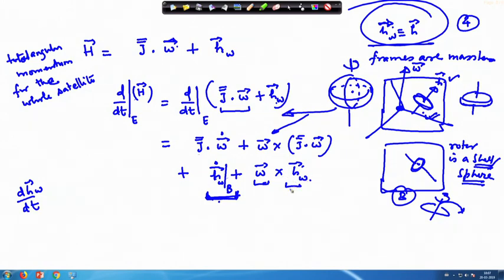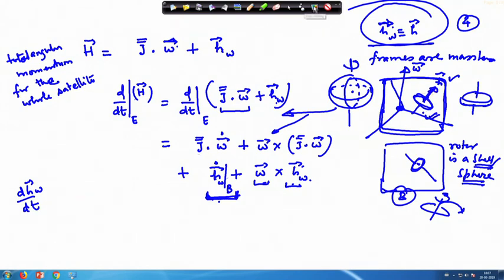But besides that, this h_w changes because of the rotation of the whole satellite, but in addition to this, this axis itself is tilting.